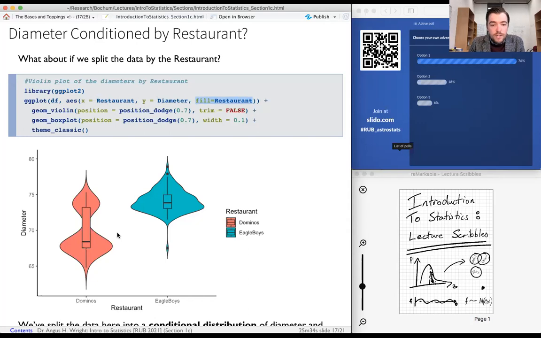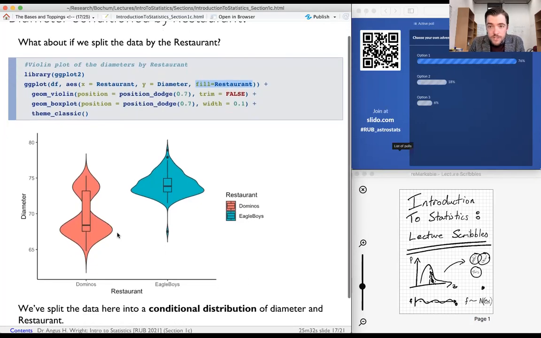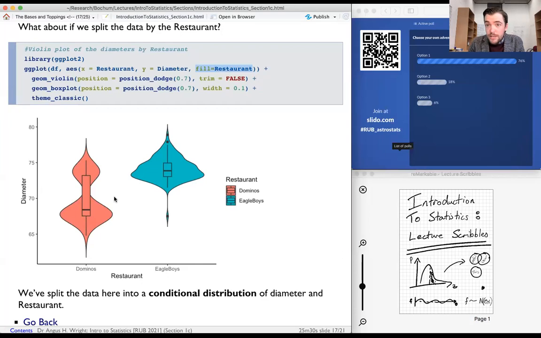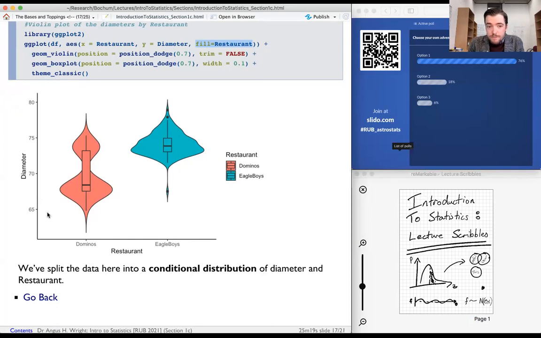And so what have we learned? Well, first things first, what have we actually plotted here? We've plotted the distribution of diameter given the value of restaurant. And this is a very, very important property in statistics.